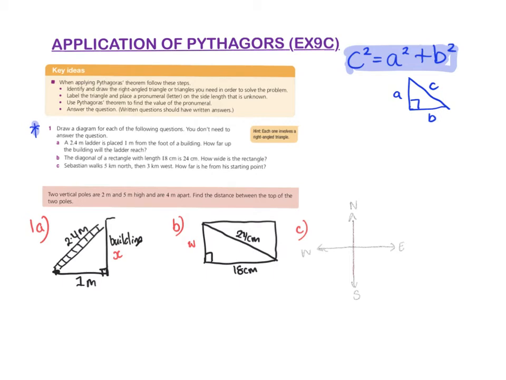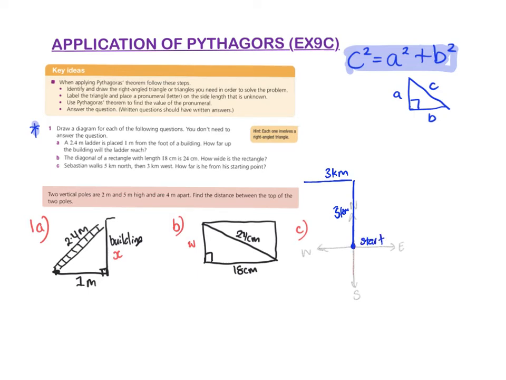He walks 5 kilometres north. So he went, I'm just going to change this to pen. He walked 5 kilometres along the north, and then 3 kilometres west. Say that way is west, so he's walked 3 kilometres. And it says how far, this was the start, remember?